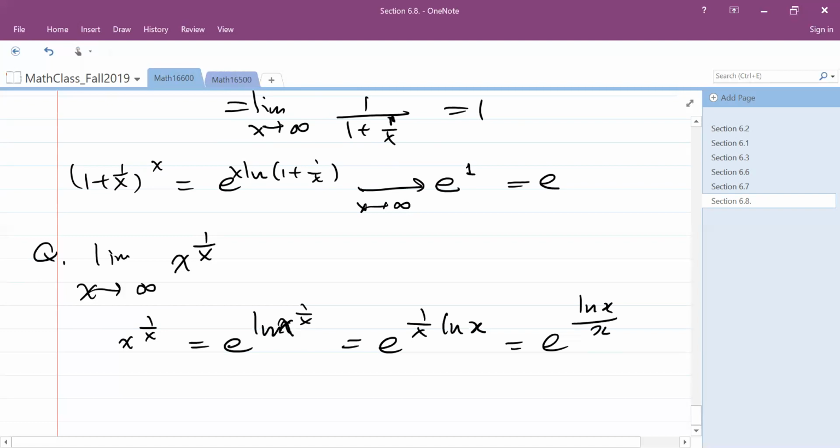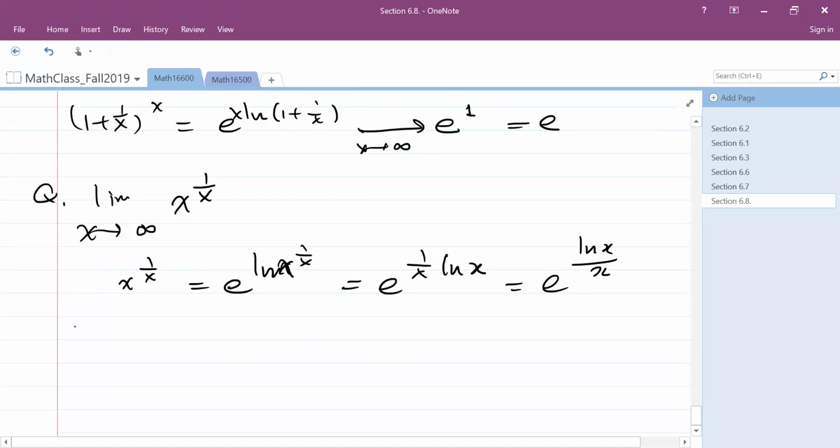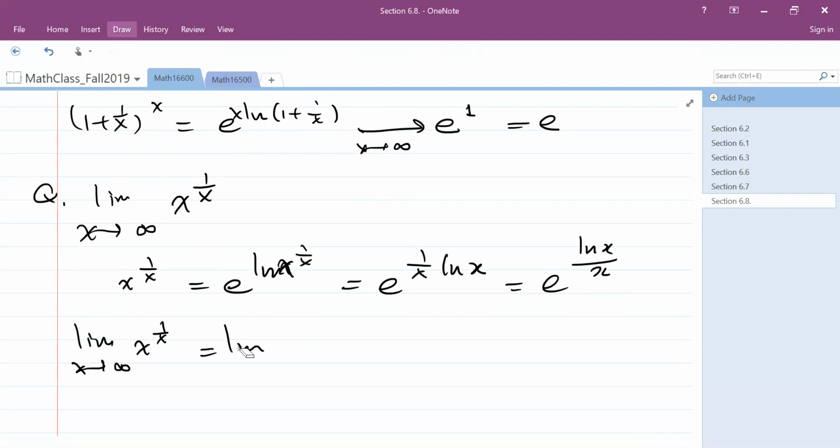If you don't want to start a new line, you can keep writing on this. So e to the natural log x over x, as x approaches infinity. You can write it like this. Okay, this is a number.